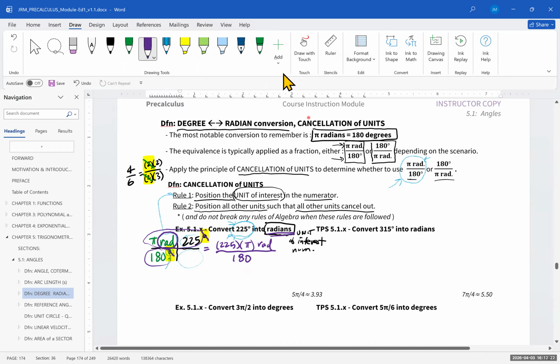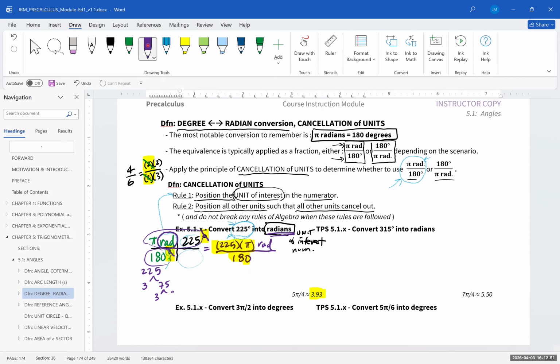So where did 3.93 and 5 pi over 4 come from? Well, 3.93, obviously, we just did this part on the calculator, and it came out to 3.93. But where did that 5 pi over 4 come from? Well, if we take 225 and do a factor tree of that, we divide by 3, we get 75.